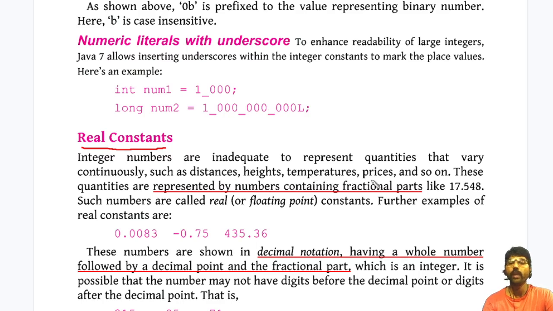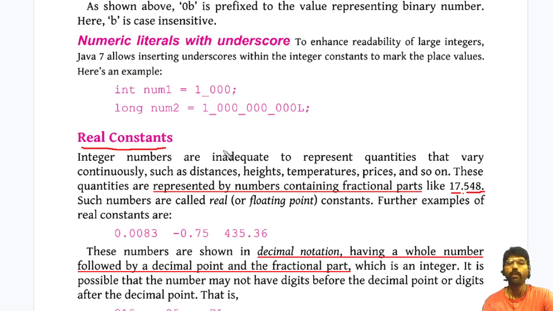These values vary continuously from the fractional point of view. So a real constant is represented by numbers containing a fractional part. For example, here one number, then a point, then the fractional part 548.